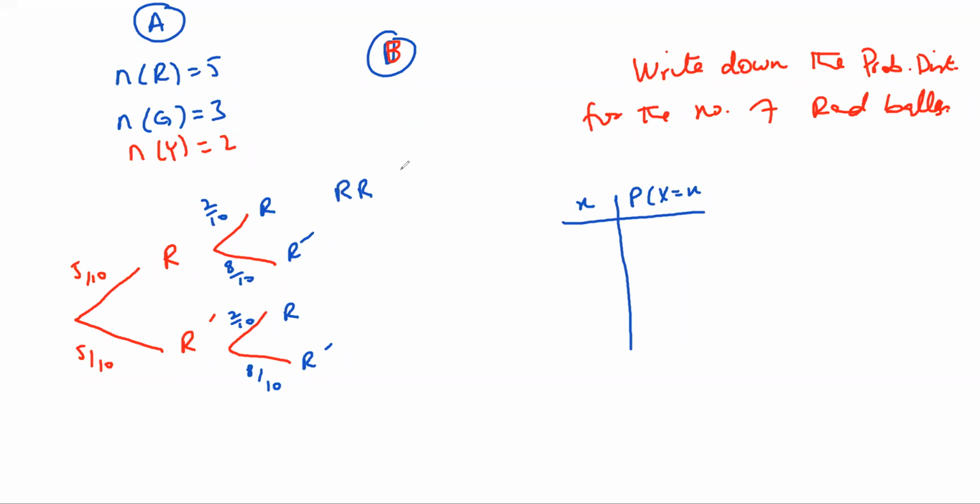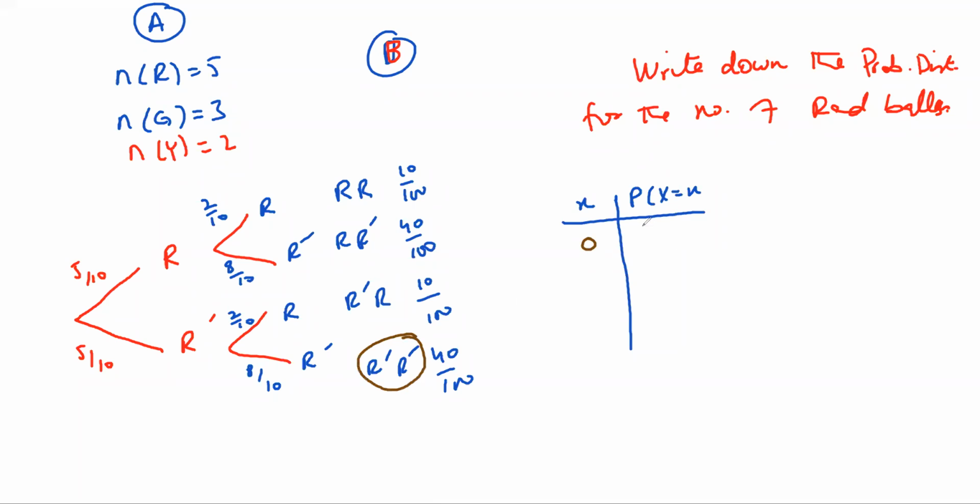This is going to be 10 over 100. R dash is going to be 40 over 100. R dash R is going to be 10 over 100. And R dash is going to be 40 over 100. So we can see that yes, we can have no red ball, that is this case.